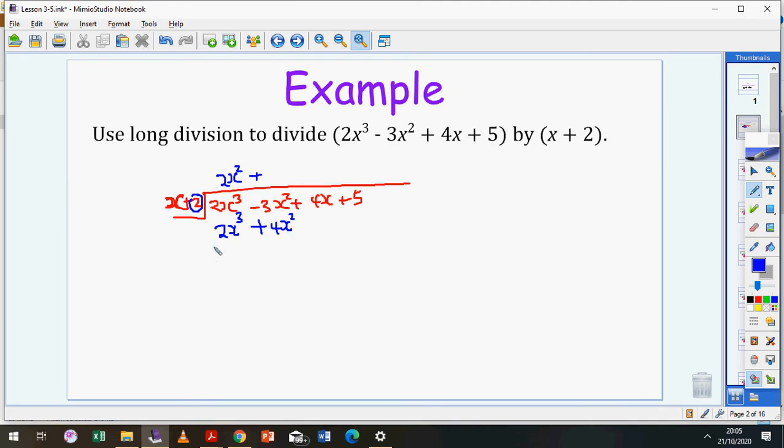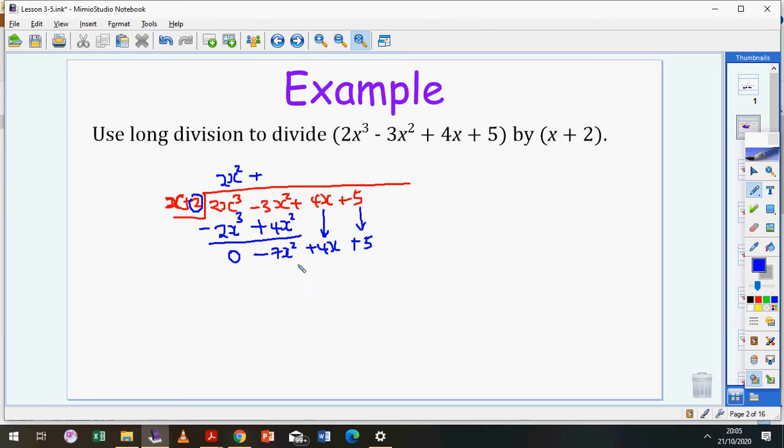At this stage, I can subtract. 2x cubed minus 2x cubed is 0. Negative 3x squared minus positive 4x squared is negative 7x squared. So at this stage, I can bring this down: a positive 4x and a positive 5. And then repeat the process.